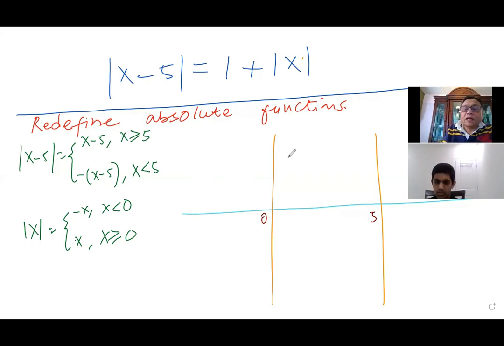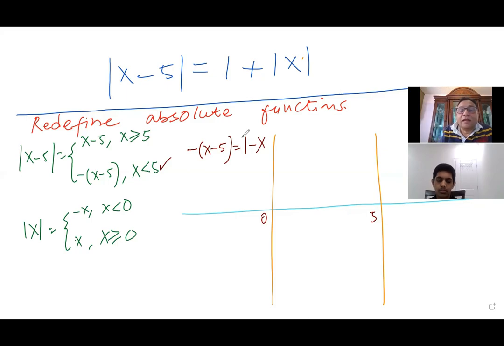In this interval, which is on the left side of 0, we know what this value is equal to. This is negative of x minus 5, correct? So we could write negative of x minus 5 equals 1 plus, and absolute value of x is negative x. Do you see that?